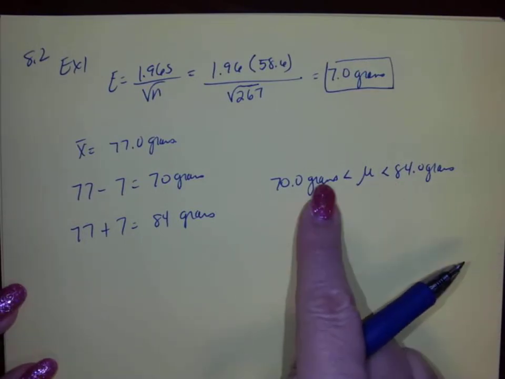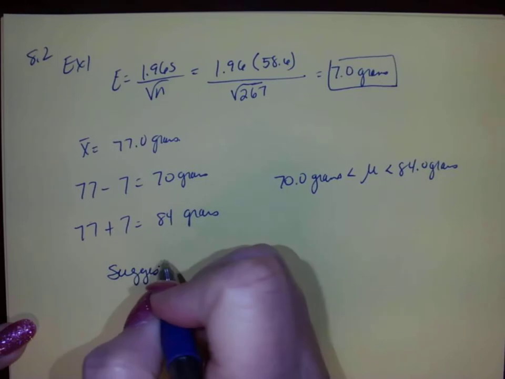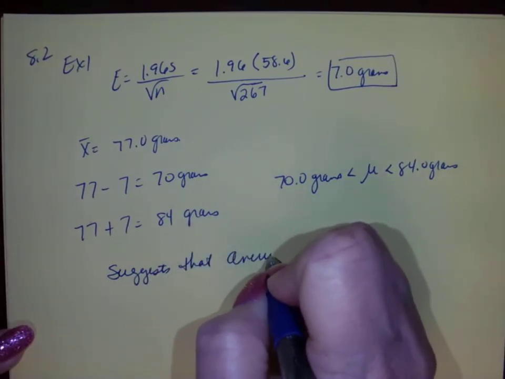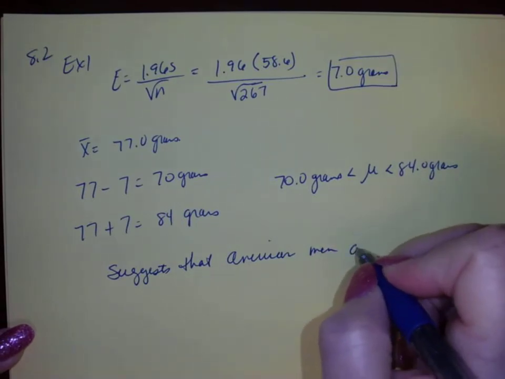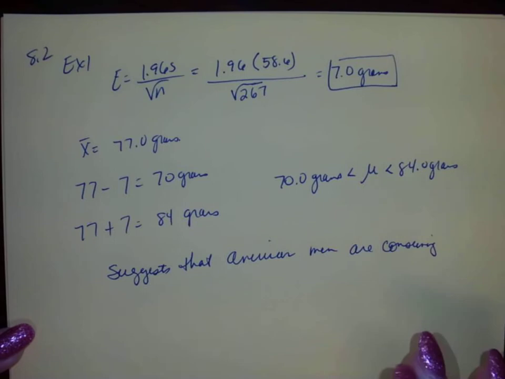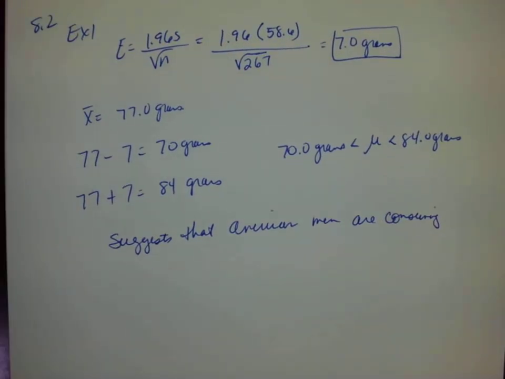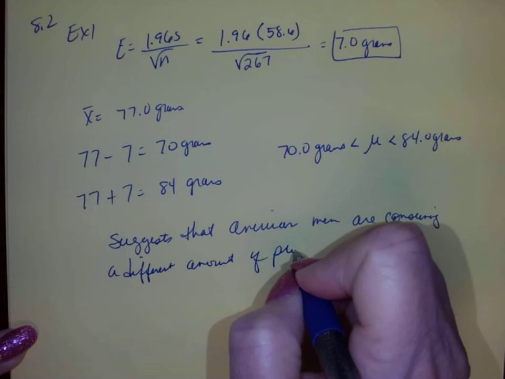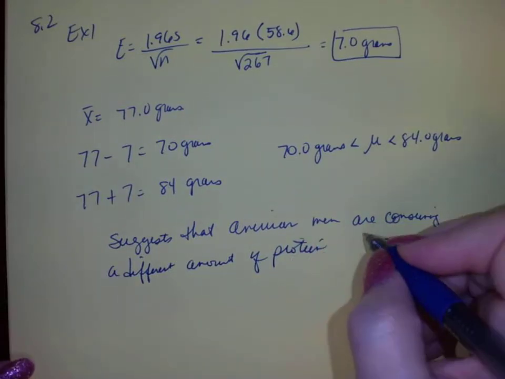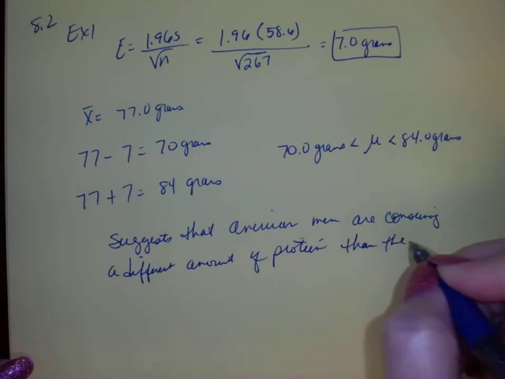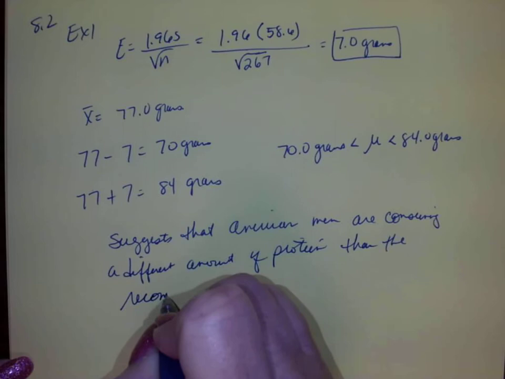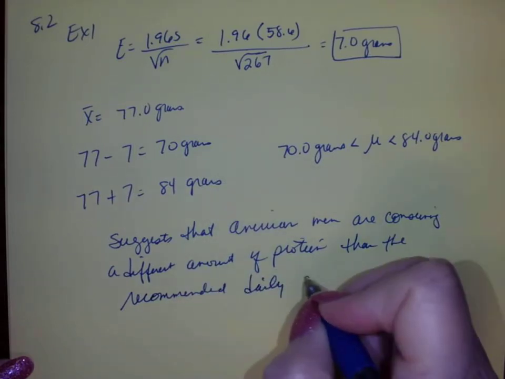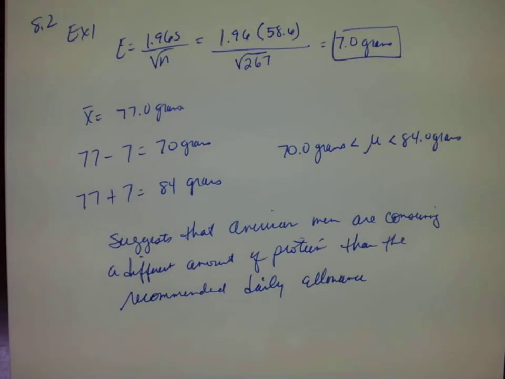It suggests that American men are consuming a different amount of protein than the recommended daily allowance of that 55 to 60 grams. All right.